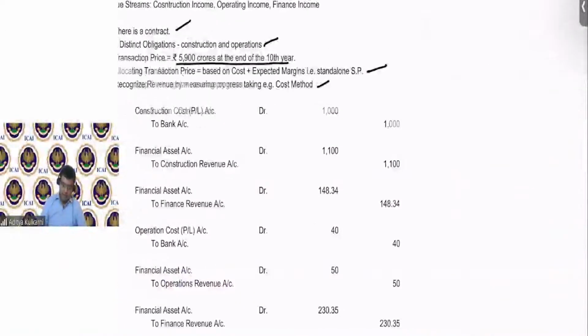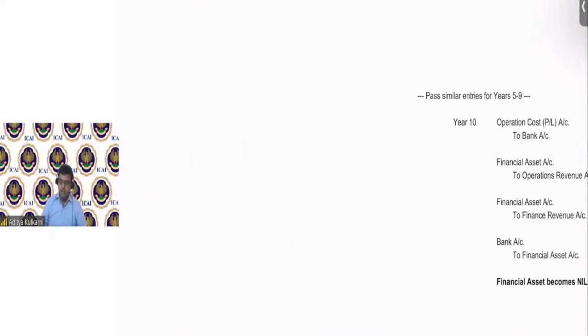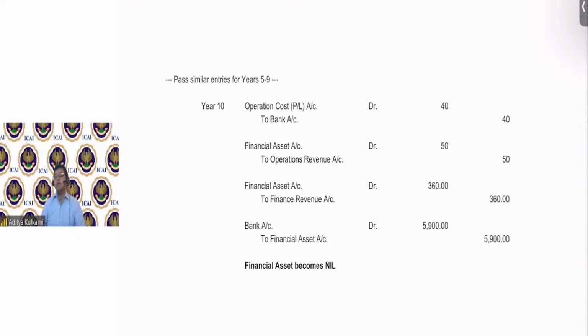Year 3, year 4, the scheme becomes repetitive. So years 5 to 9, same set of entries.